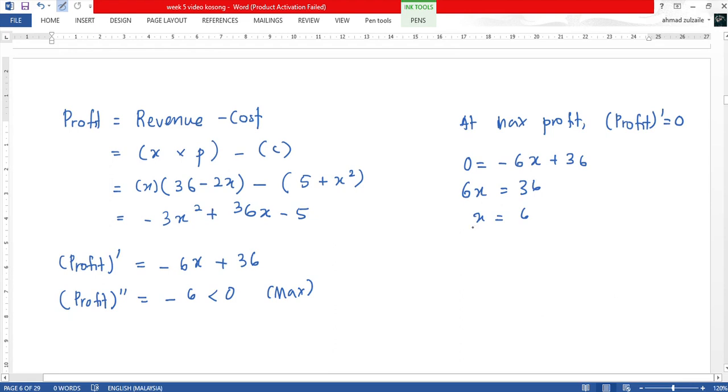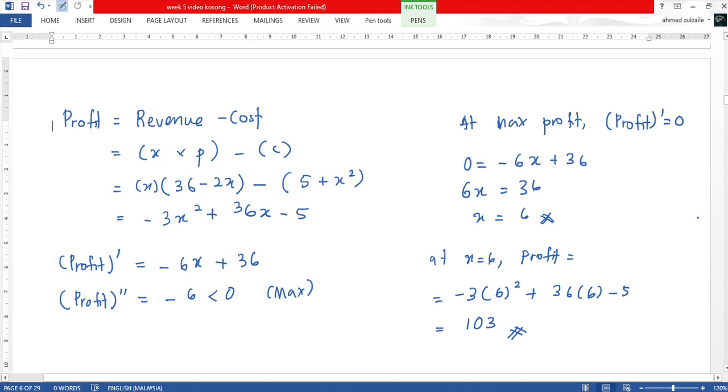So what is the value of profit when x equals 6? At x equal to 6, profit equals negative 3 times 6 squared plus 36 times 6 minus 5. Therefore it is equal to 103. This is the answer.